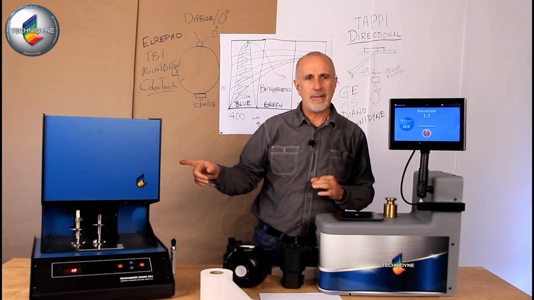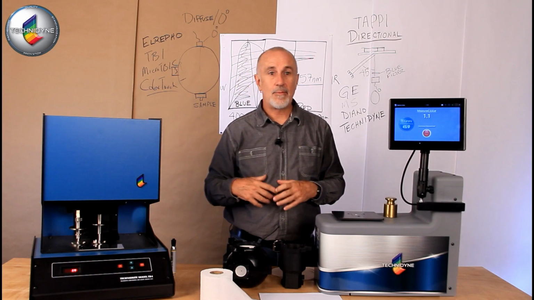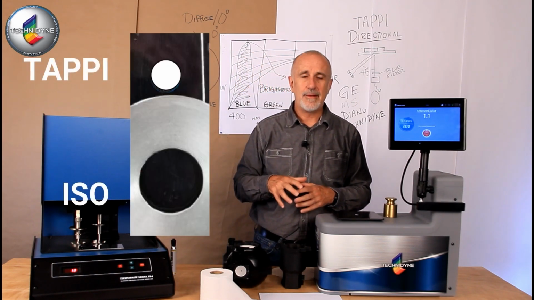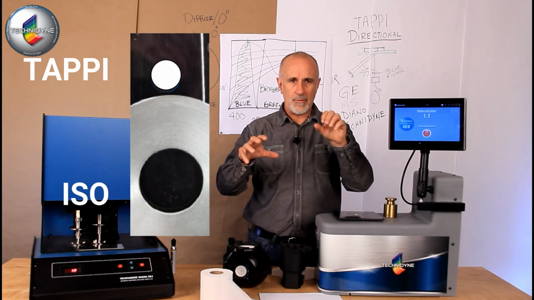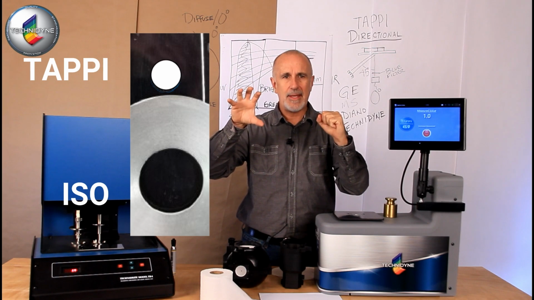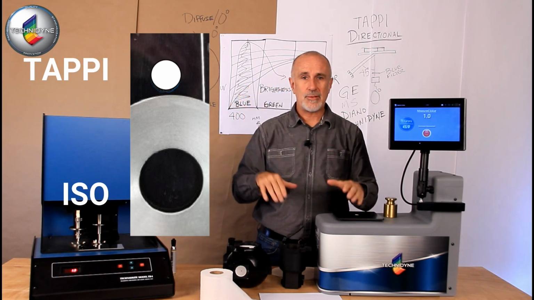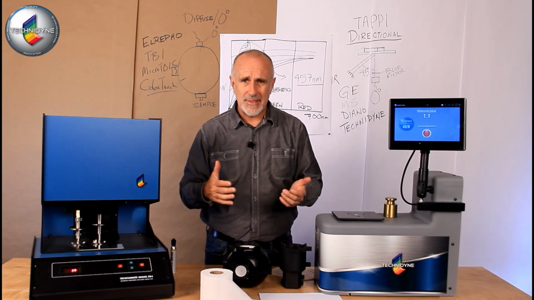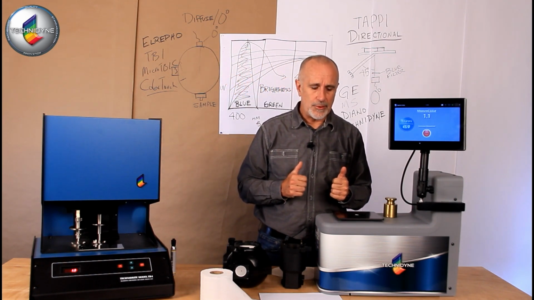So with this one, the opening is 34 millimeters, and we're measuring at 30 millimeters. So it's looking at a much larger area of the sample. This one is kind of small, and this one over here is kind of big in the amount of area that it's looking at. So there is a sample size difference between the two.